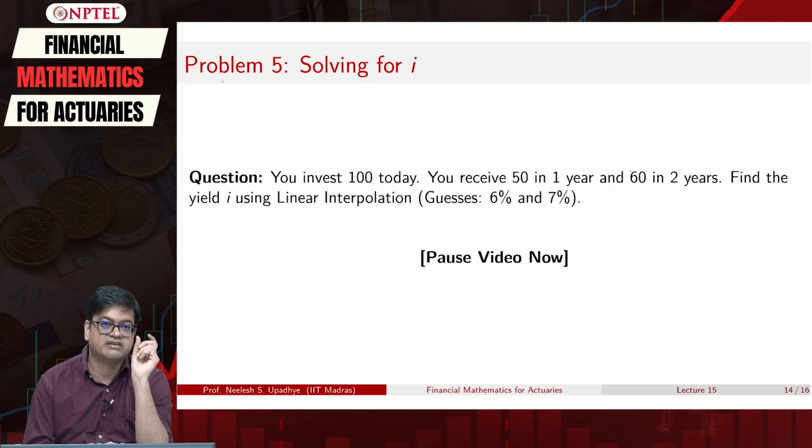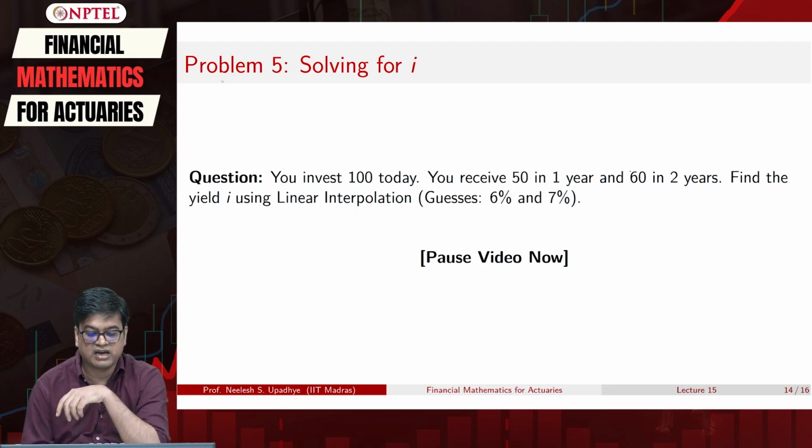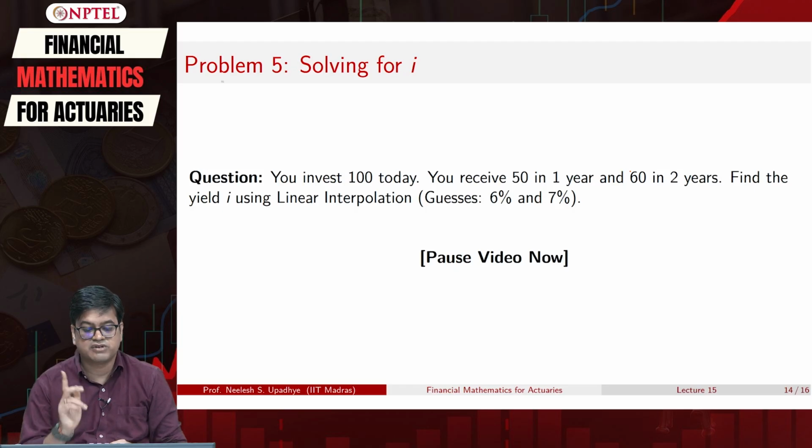Here the guesses are given to you, 6% and 7%, and you are using the formula I equals IL plus (present value low minus the target) upon (present value low minus present value high) into (I high minus I low). Here I high and I low are given to be 7% and 6% respectively.